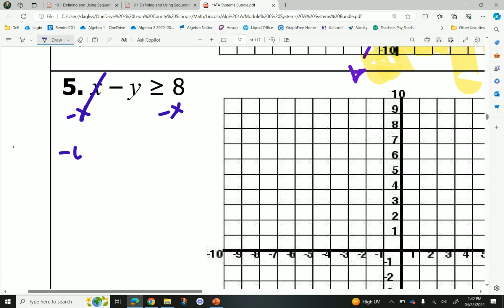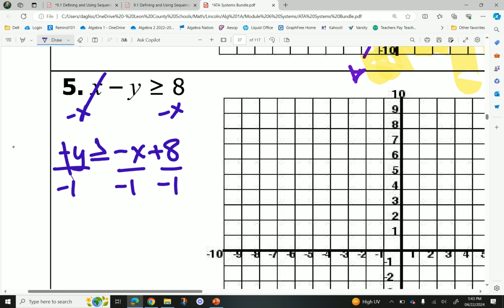So I have negative y left over here, greater than or equal to negative x is first, and then after it is a positive 8. Is y by itself? No. What's still attached to it? A negative. So how do I get rid of a negative? Yeah, divide each piece by -1.